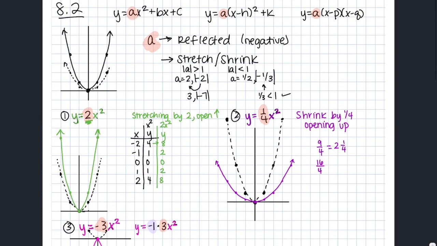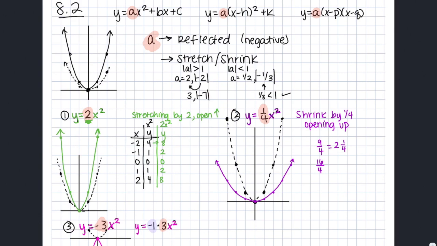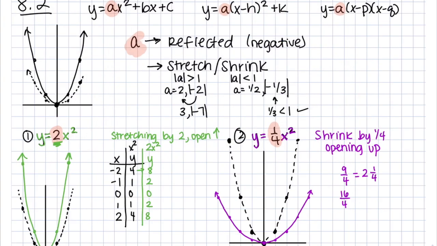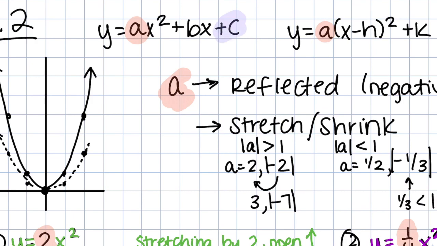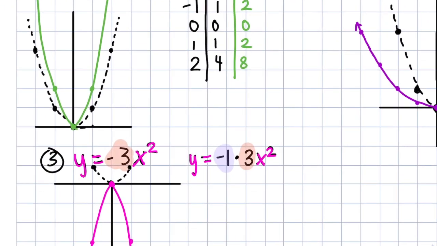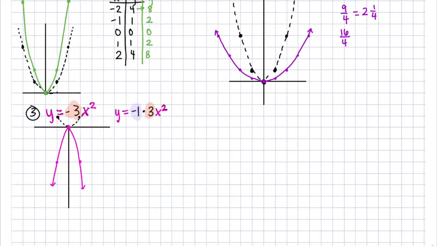Now we're going to talk about what this C has on the graph. So for this one, we're just going to look at this form, the standard form, and that is going to shift it vertically. Okay, so if we have y equals ax squared plus bx plus c, this tells us direction of open and whether or not it's shrunk or stretched.